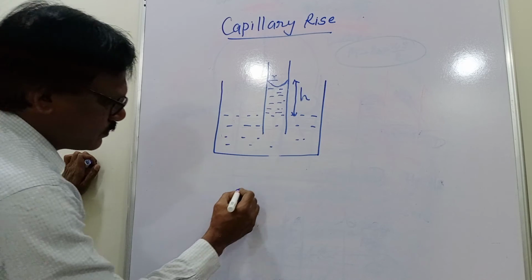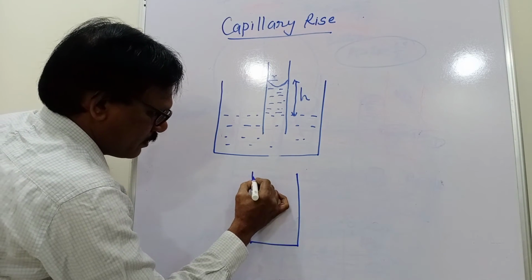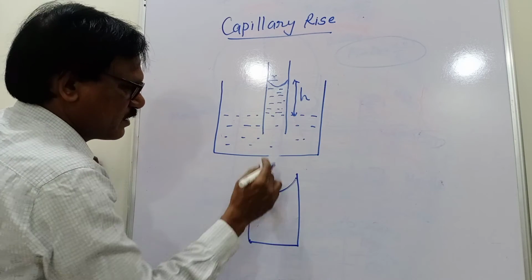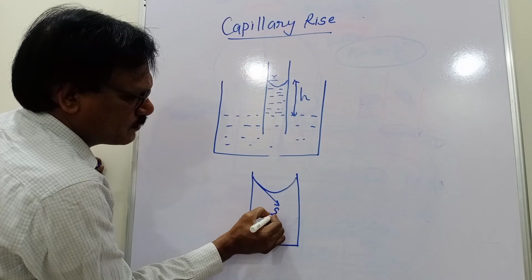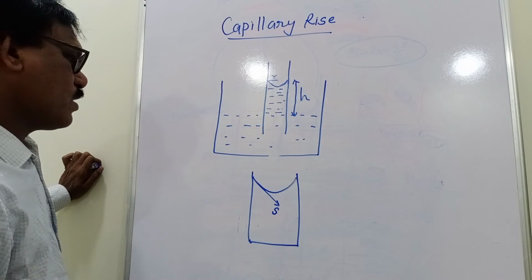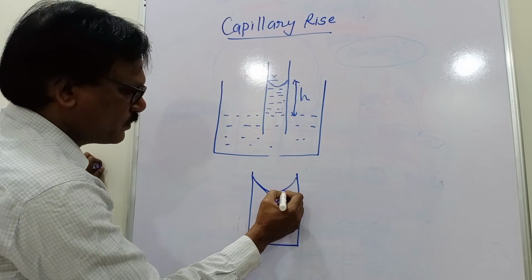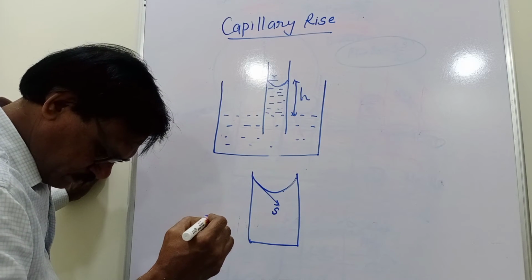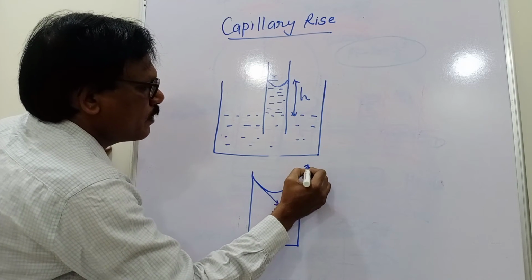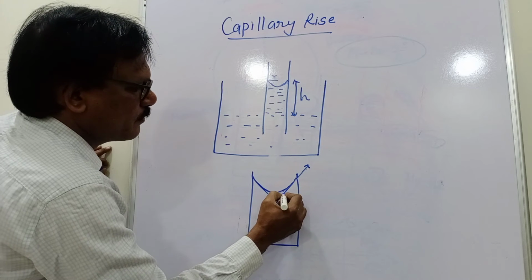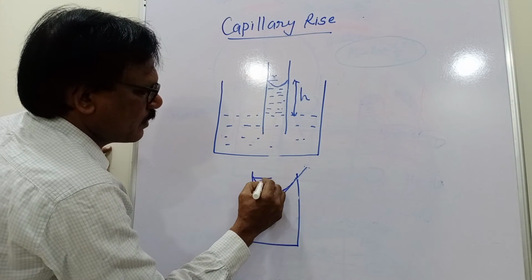So this is the surface here, and here we have surface tension S, and at this angle also surface tension, and surface tension here. So the radius is r.